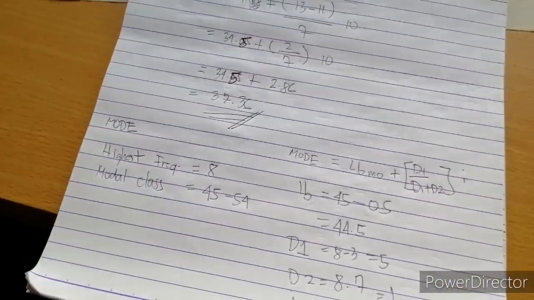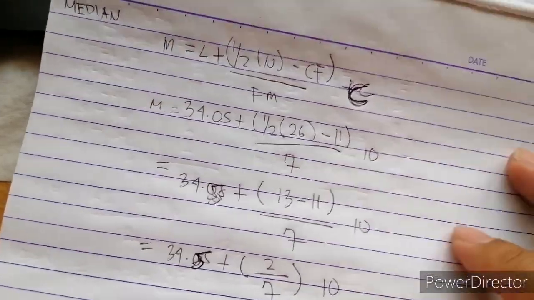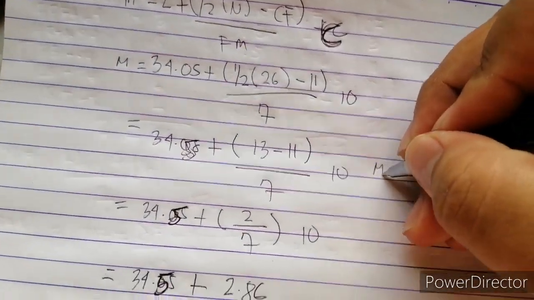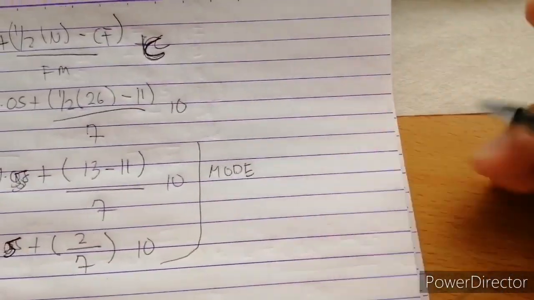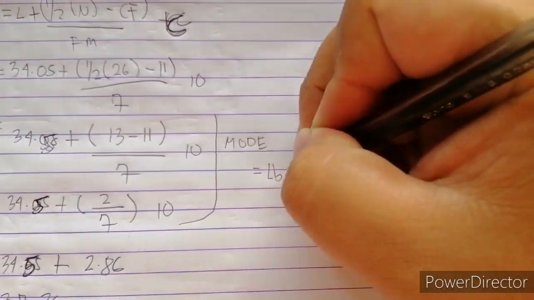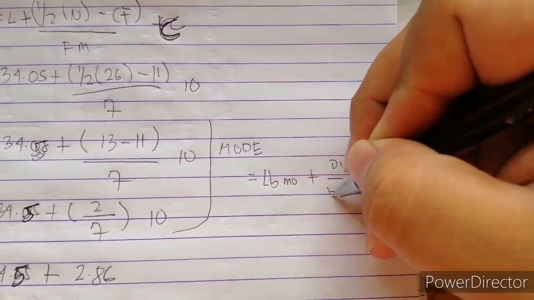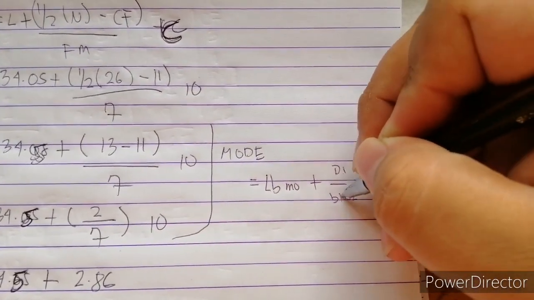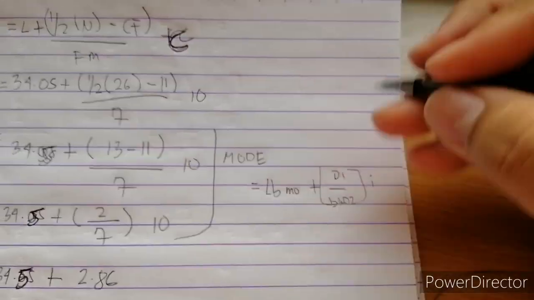So now let's proceed on getting the mode using the formula and substituting everything. Mode is equal to LBMO plus D1 over D1 plus D2 times interval.